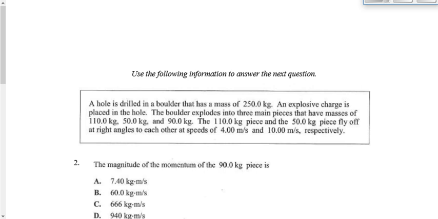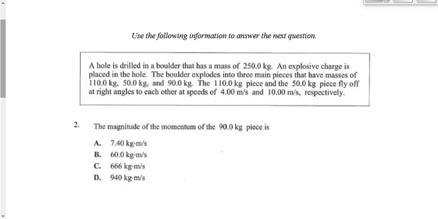Multiple choice question number 2, or the third question, says a hole is drilled into a boulder that has a mass of 250 kilograms. An explosive charge is placed in the hole, and the boulder explodes into 3 pieces at right angles to each other. What's the magnitude of the momentum of the 90 kilogram piece? Which way are they going?